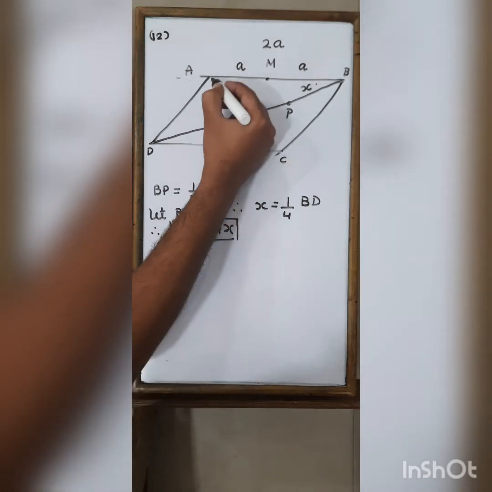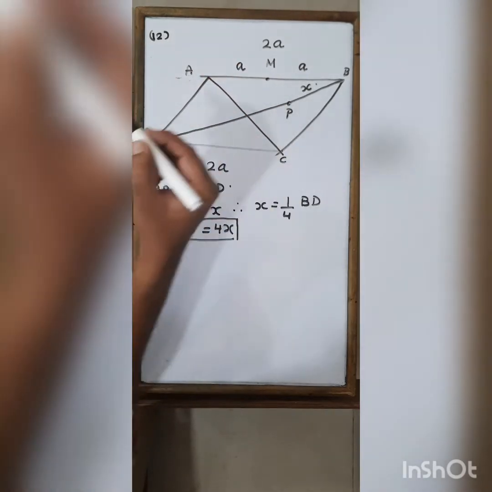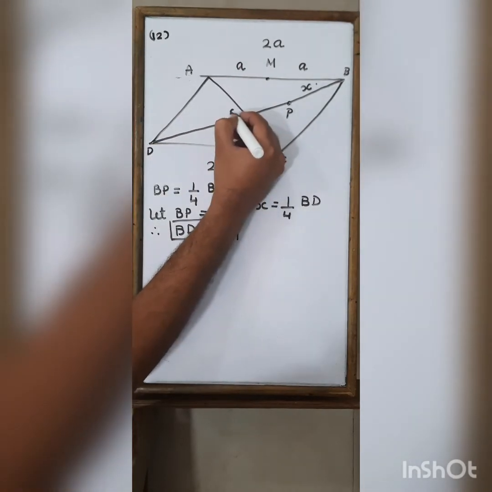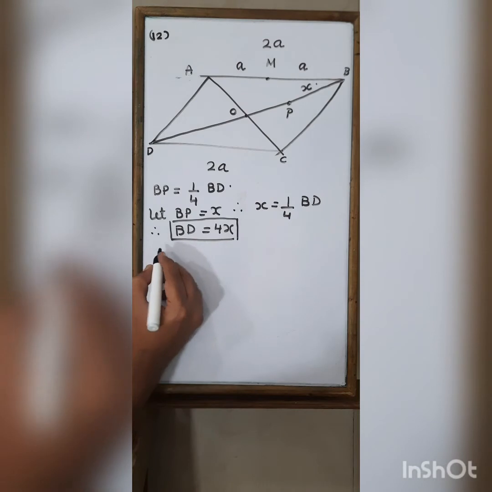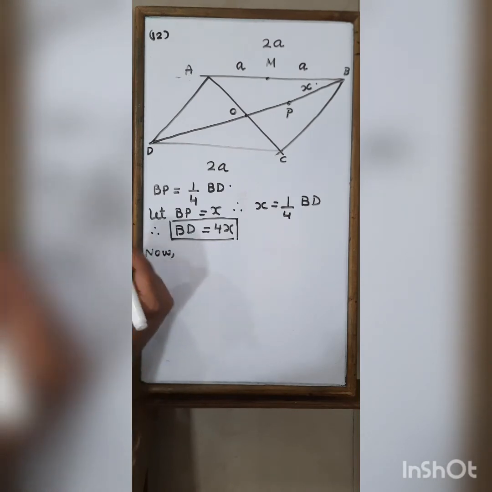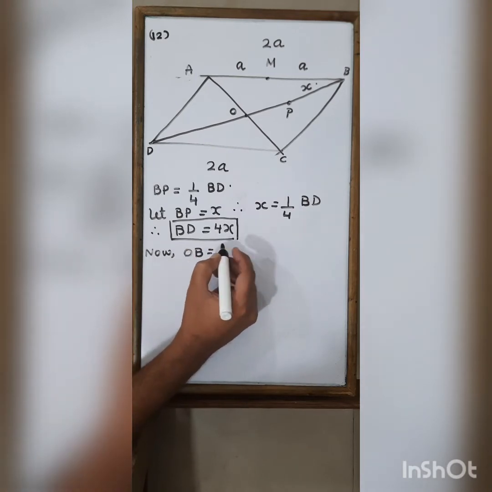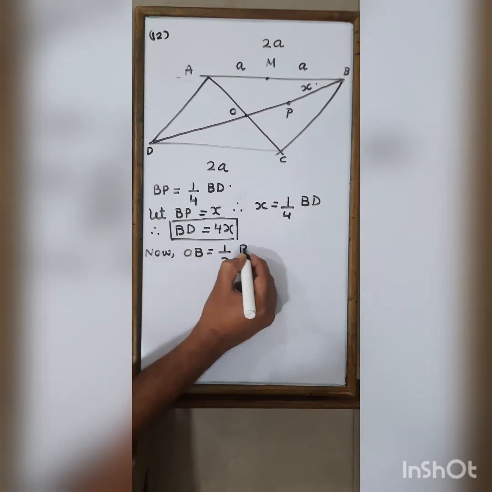Okay. Now I will join AC also and let the point of intersection be, suppose this point is O. Now can I say OB is equal to half of BD?